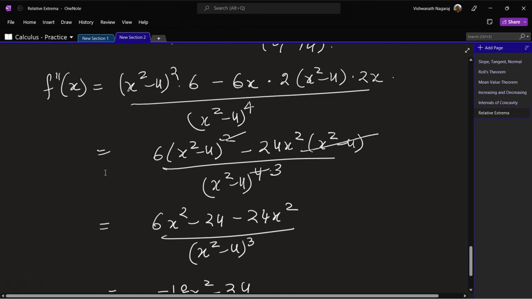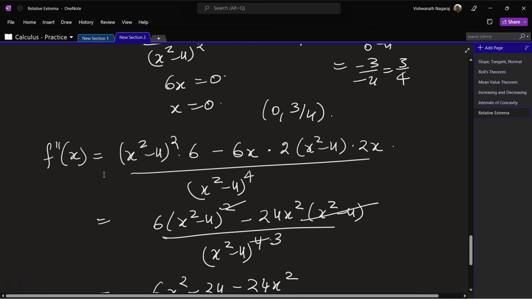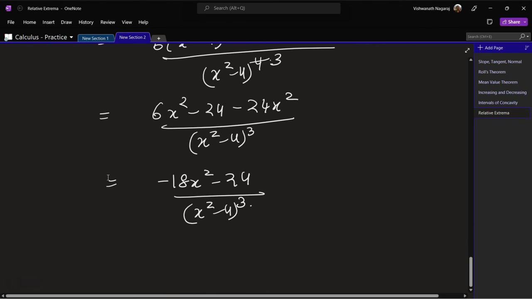Now, remember our point of interest is x equal to 0. So let's do the substitution here. So f double prime of 0 is going to be equal to minus 24 by minus 4 cube, right?